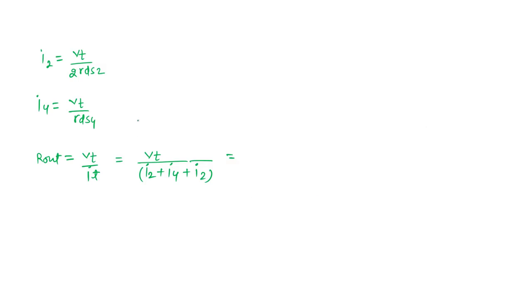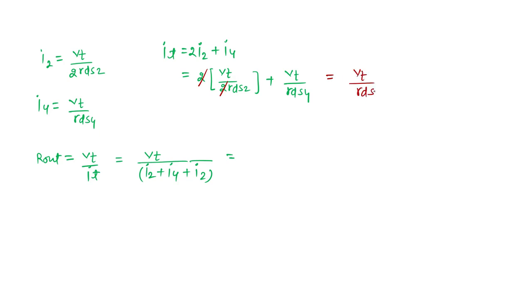Okay. So overall, instead of solving this equation, I should say my IT is 2 times I2 plus I4. 2 times I2 is VT by 2 RDS2, plus I4 is VT by RDS4. So this factor of 2 is cancelled here. So generally it looks like this R out is nothing but RDS2 parallel RDS4.